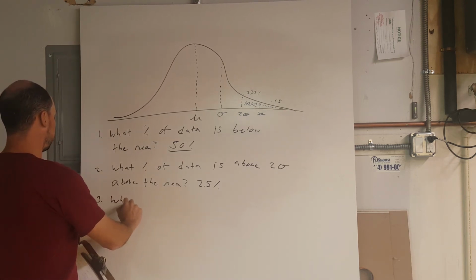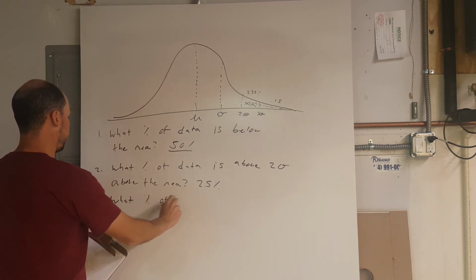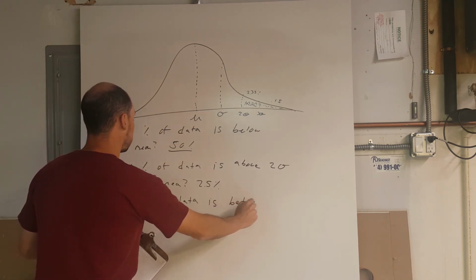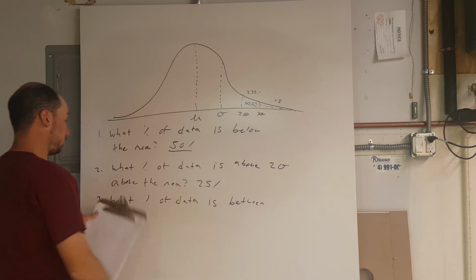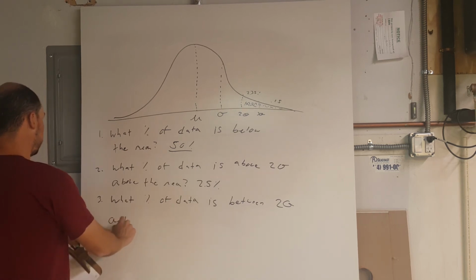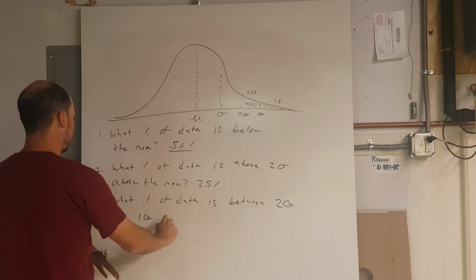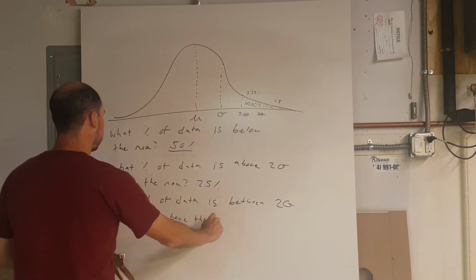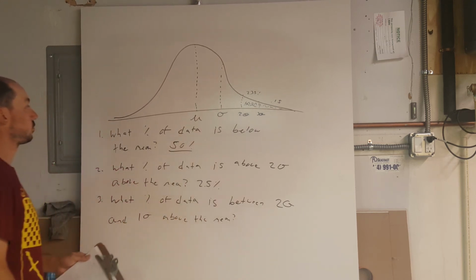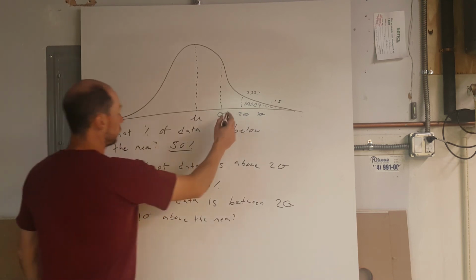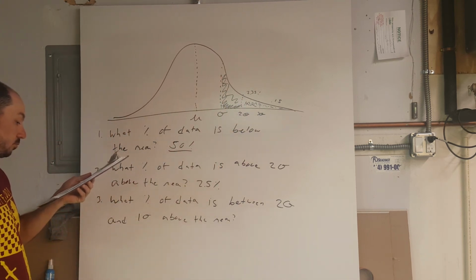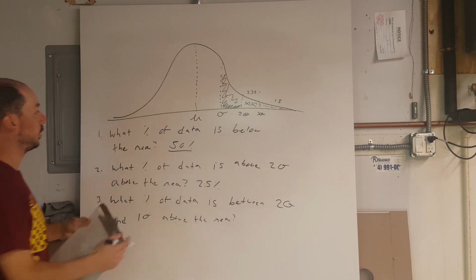And last example: what percent of data is between 2 standard deviations and 1 standard deviation above the mean? Oh, I'm sorry, I messed up.